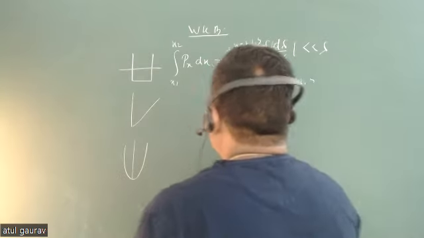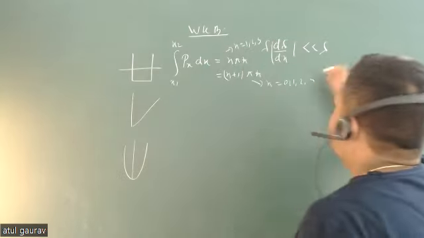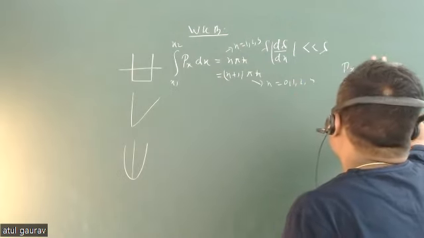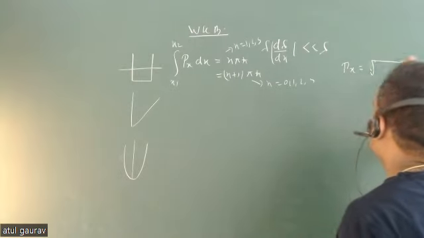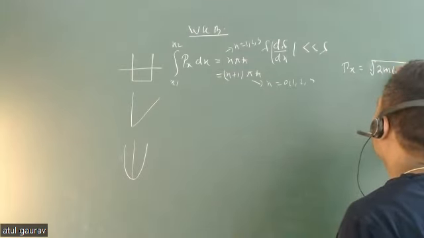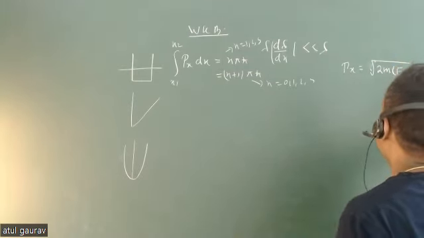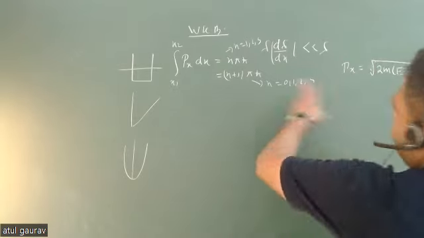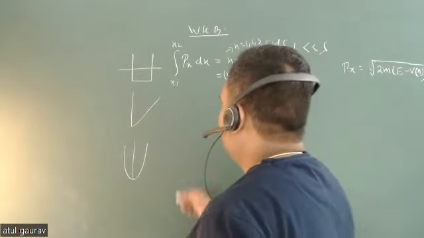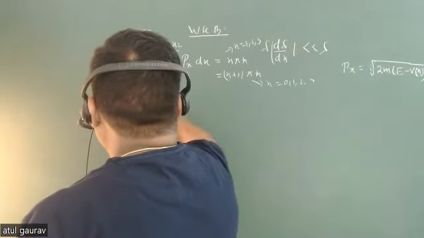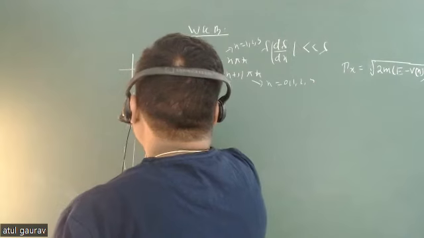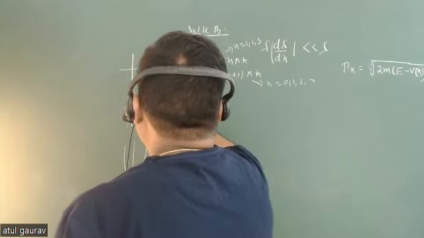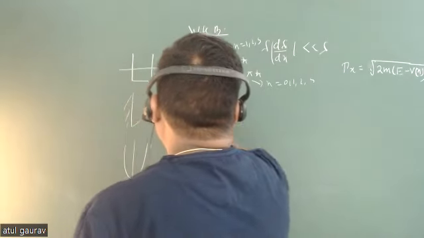Okay, and what is your Px? Your Px is equal to, every time you will just go for Px is equal to root under 2m (E minus Vx). So this is your Px and you can easily calculate this thing. For the second one, this is rigid and this is smooth. So you have again x1 and x2 and you have Px dx. What is this value?